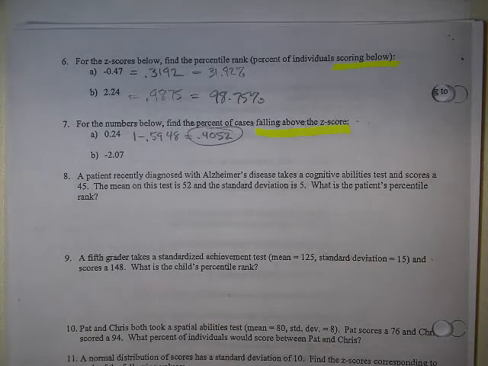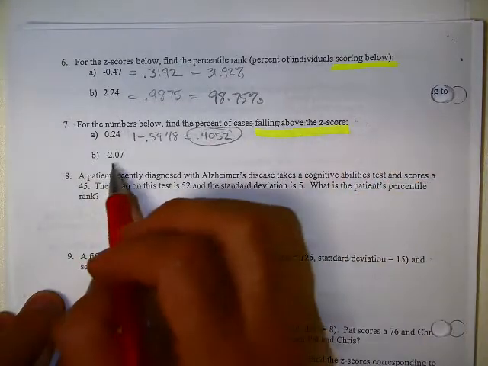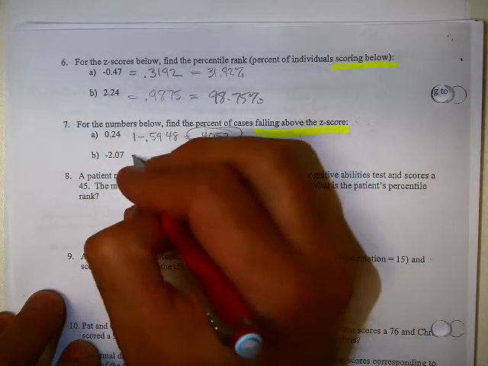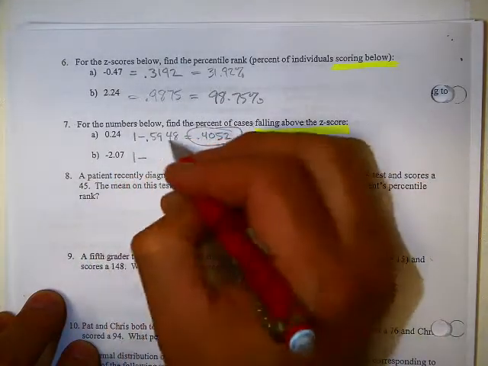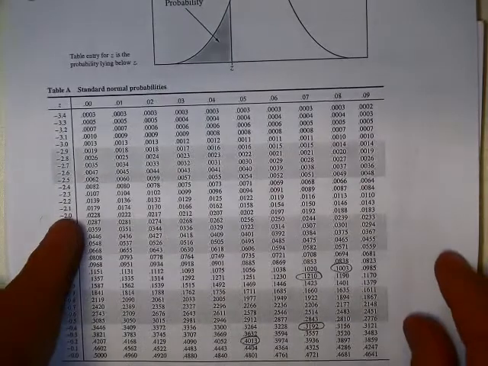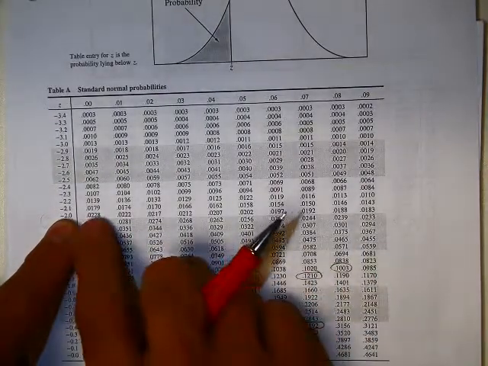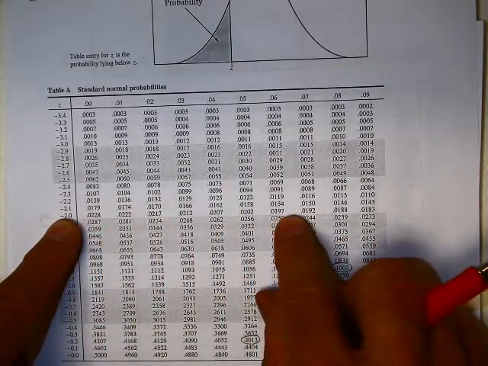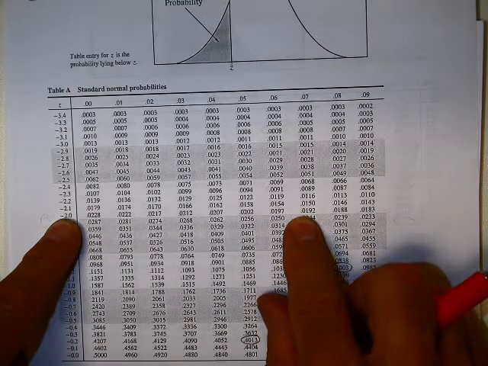All right, sweet. So above negative 2.07, this is going to be a 1 minus again, but I'm going to find the percentile for negative 2.07.